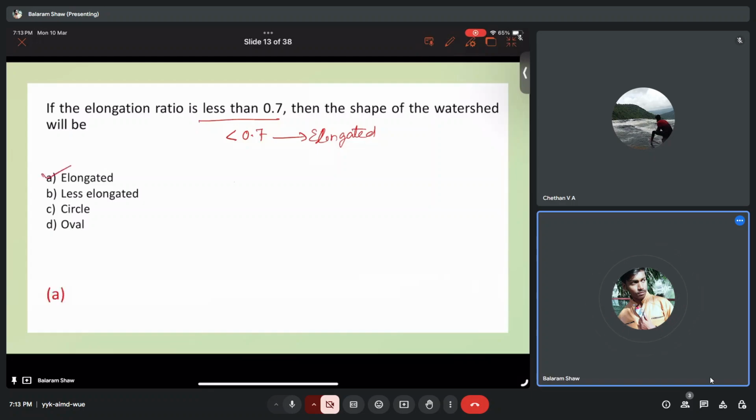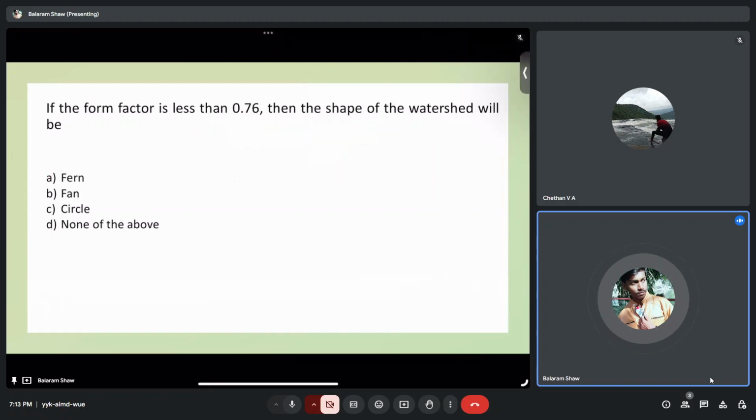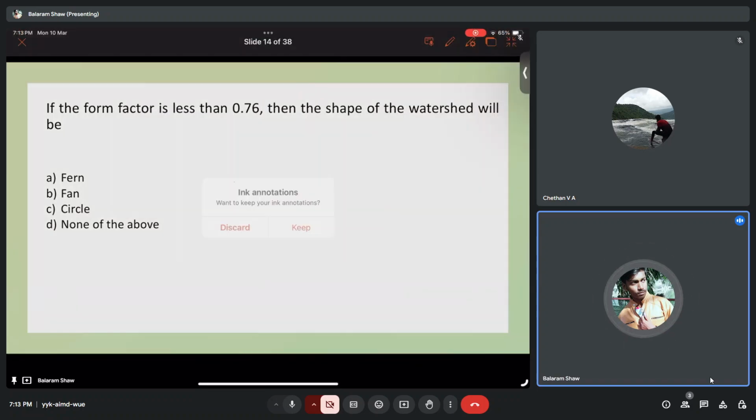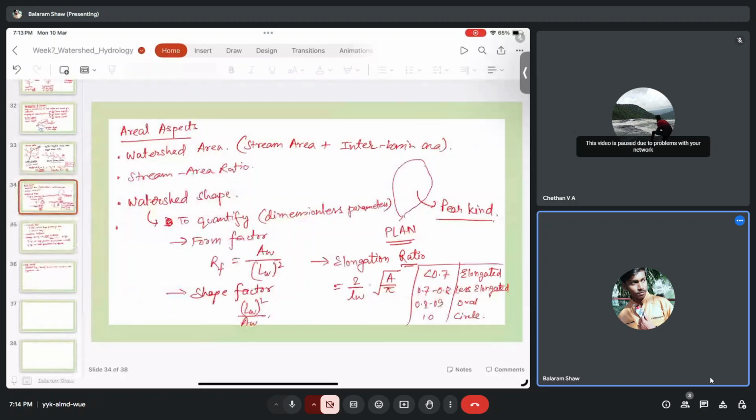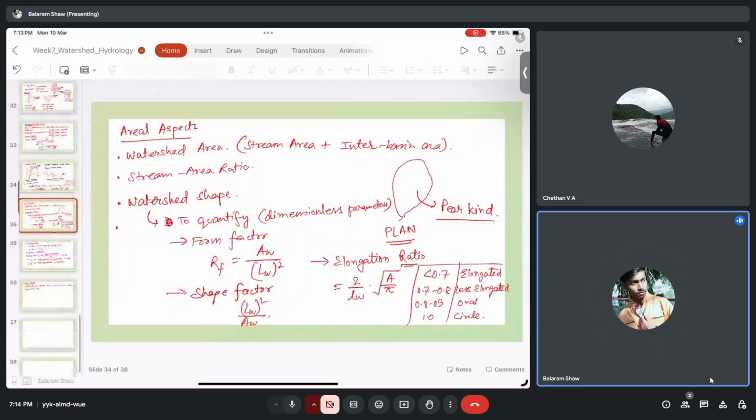It is elongated. Next question is if the form factor is less than 0.76, then the shape of the watershed will be. So form factor was what? Can you tell me the definition, or how we write it mathematically? We have just now seen it, right? It is the area divided by L square.